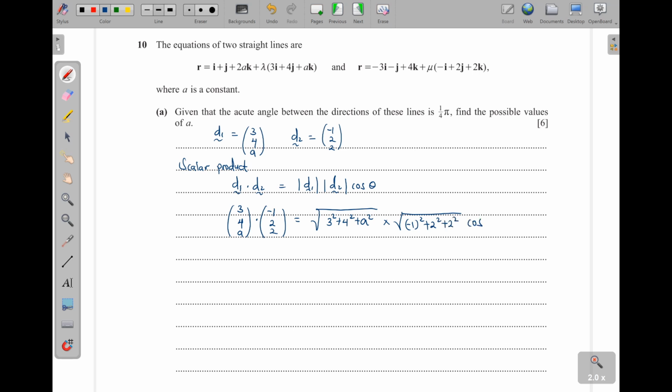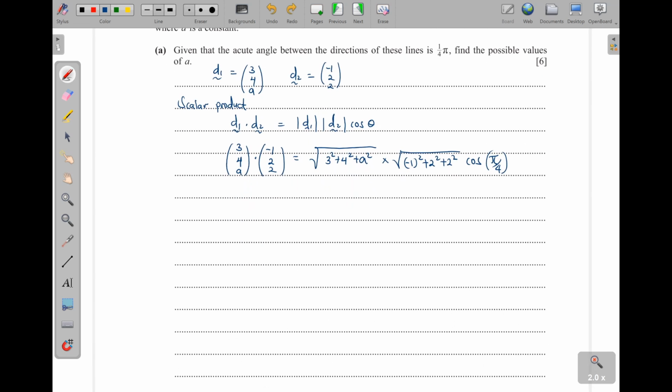Then cosine of the angle in between them is given as pi over 4. To avoid making mistakes for such negatives, always put them in brackets, okay? Because when you put this one, even in a calculator, when you just put -1 and then you square, the calculator will just square this one, and then it gives you a wrong answer.